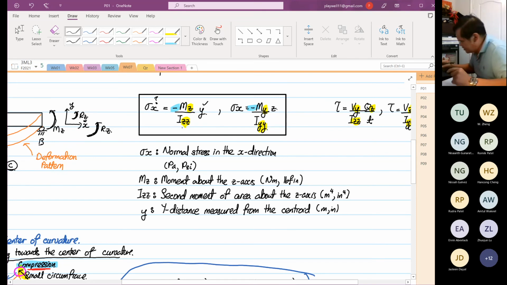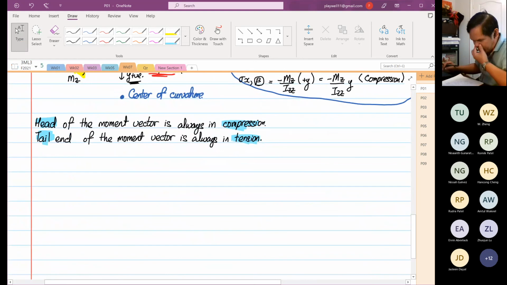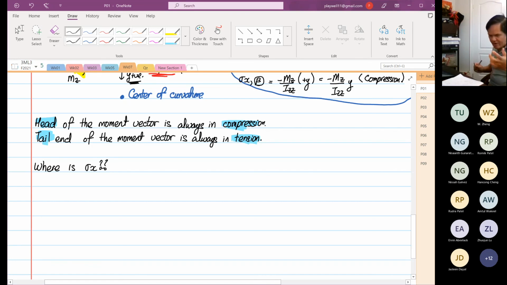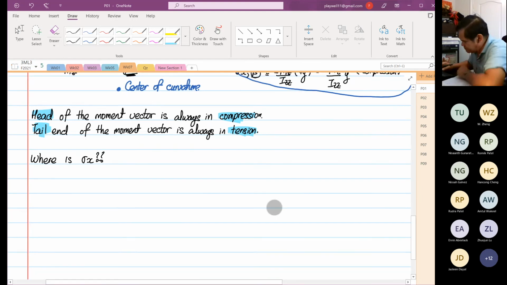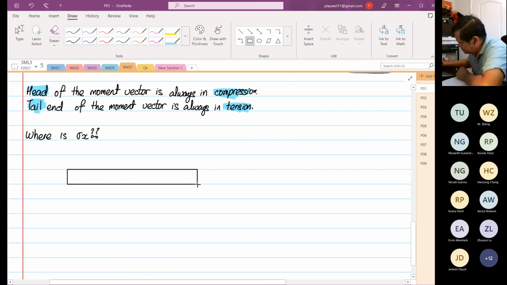Now the next thing I wanted to explain is where stress X is. We are trying to calculate this stress X, but what is it? Again, we draw our simply supported structure.